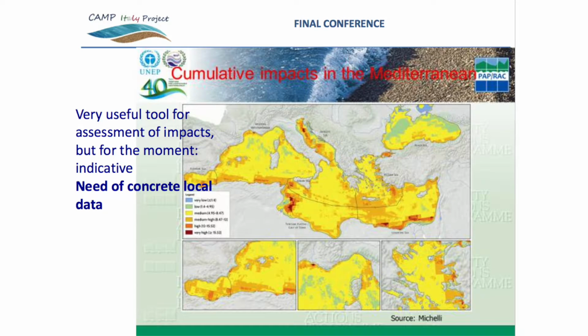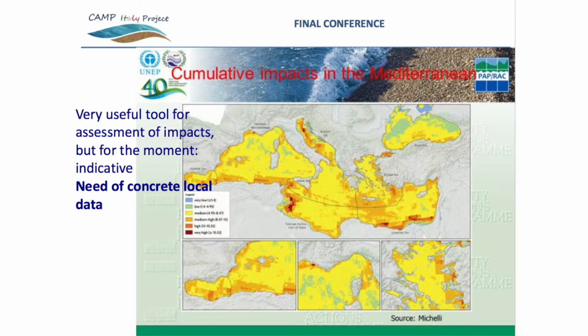Cumulative impact analysis and assessment in the Mediterranean. What you see here is a model developed which was used also by Pegaso, the Pegaso project, which was an international, multinational project financed by the EU. You see here that some colors are more dense in some areas, and in other areas we have yellow. This project was based on specific data for some areas where you have the differences of the colors, and the rest was a kind of projection.